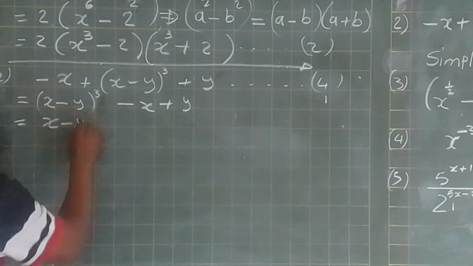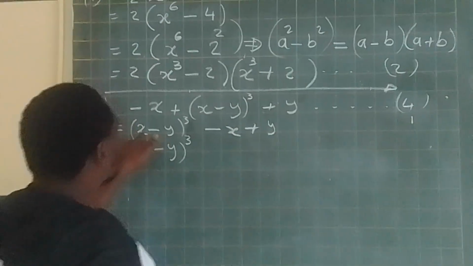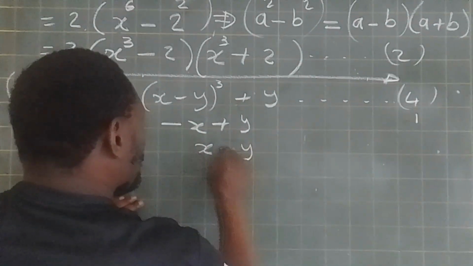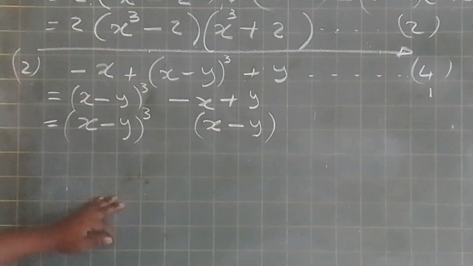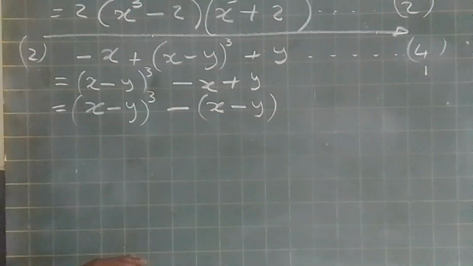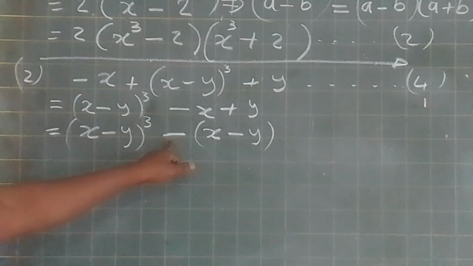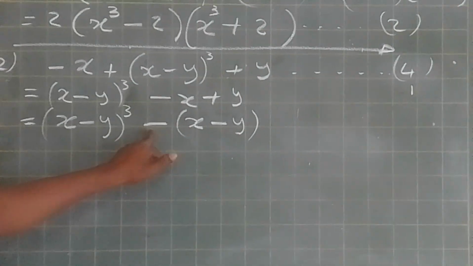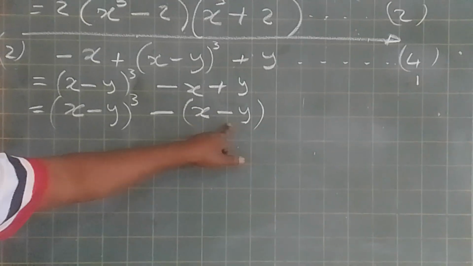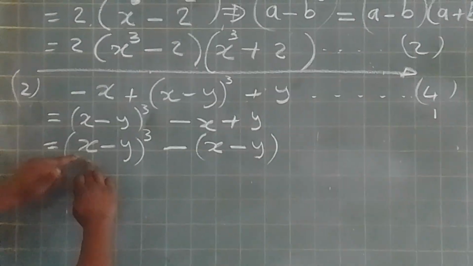In order for me to get this x minus y, I simply write x minus y and close it in a bracket, and I multiply by a negative sign. If you multiply through this negative sign, a negative times positive x is negative x, and a negative times negative y is positive y. Now I have the format of x minus y.